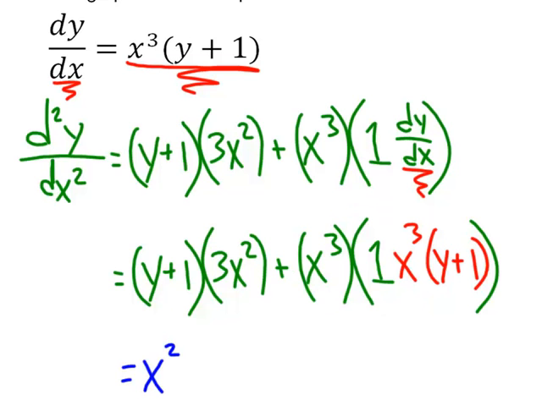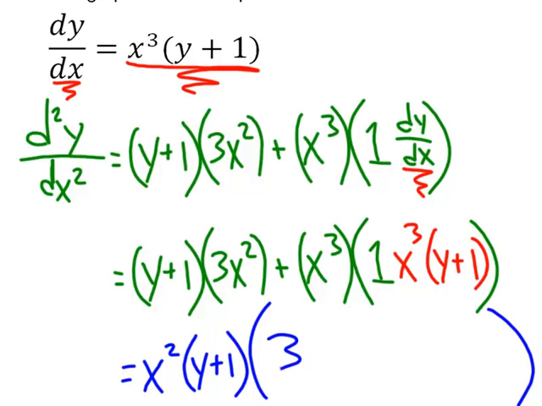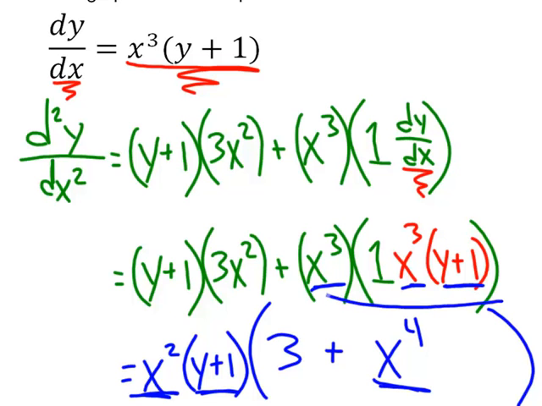And both have a y plus 1. So let's put some big parentheses here, and we'll put a 3 on the inside, because 3x squared times y plus 1. This term is all accounted for, plus x to the 4th, because x squared times x to the 4th gives us x to the 6, and here is x to the 6, times y plus 1 times y plus 1. This term is all accounted for.